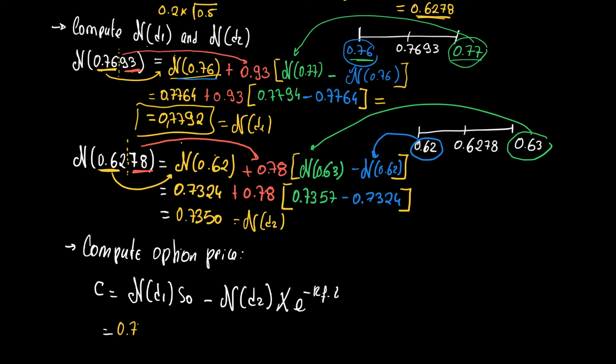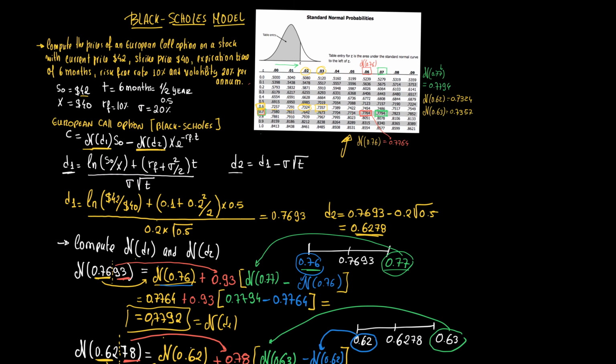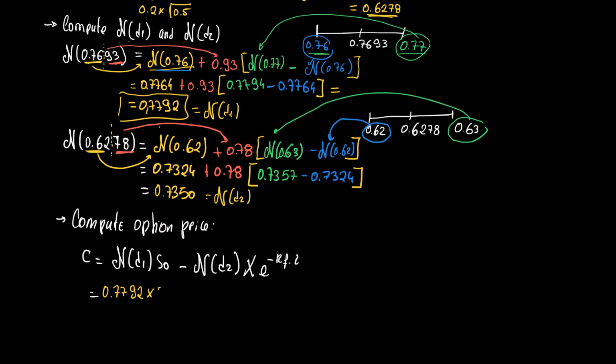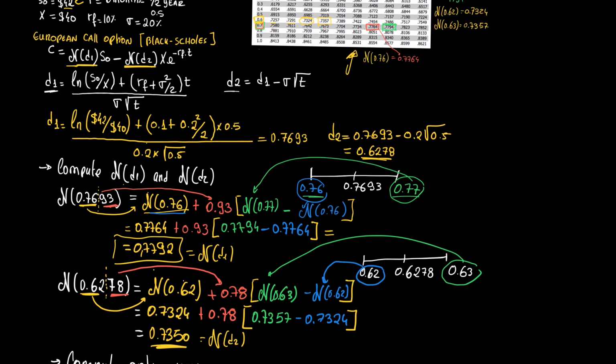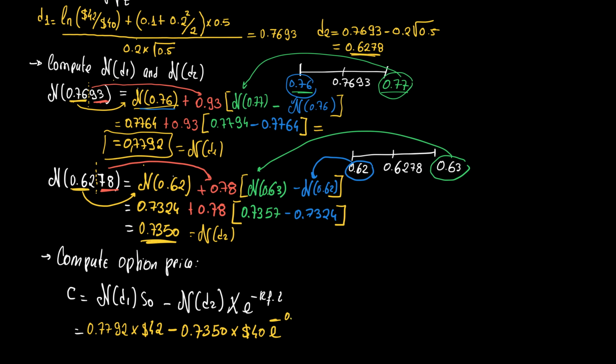This is 0.7792 multiplied by the current stock price, which is here 42, minus the normal distribution of D2, that is here 0.7350, multiplied by the strike price, which is 40, and the exponential of minus the risk-free rate, which is 10%, and the time period is a half, 0.5, 6 months.